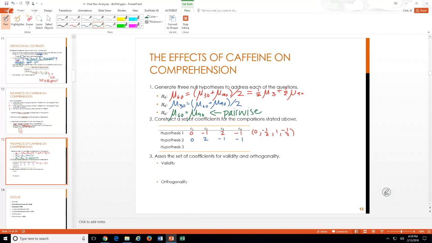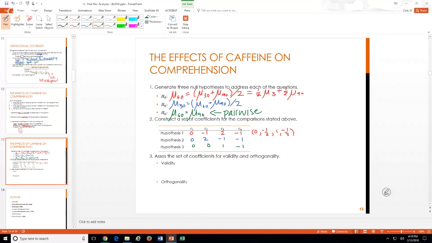And what do you get for the contrast coefficients? What did you put on mu 0? 0. On 30, 0. On 60, 1, and on 90, -1. You could have done -1, then 1, or 2, -2, and so on and so forth.